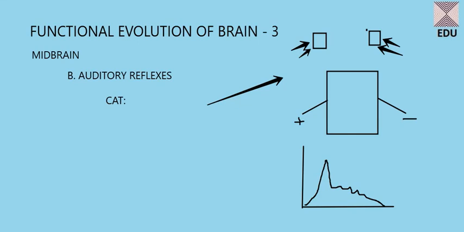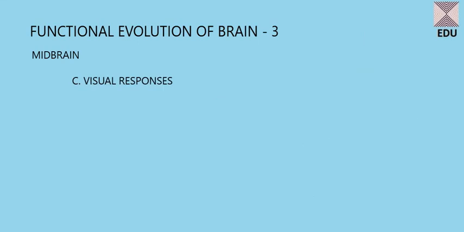That simply means that the auditory system is functioning in relation with the midbrain. This part demonstrates the visual responses which are in relation with the midbrain. We have seen in the previous lecture that the midbrain is a very important part as far as the vision of the animals is concerned.